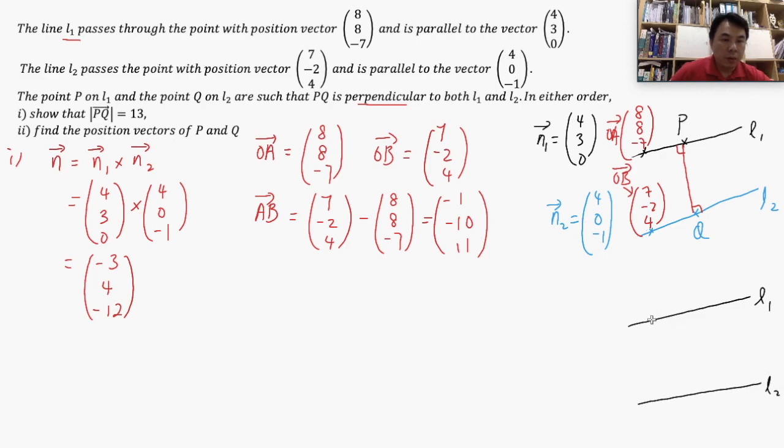So we have A somewhere here, we have B somewhere here, and then we have a directional vector, which is given as n that we have worked out here, right?